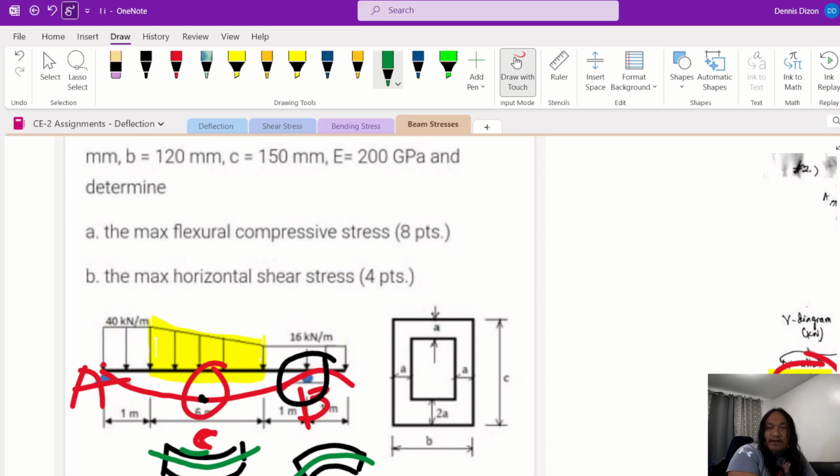The section below the neutral axis is the one that is in compression. In negative bending, the bottom portion is in compression and the upper portion is in tension. That's why if you design this, say if this is steel or wood, then that's fine because the stresses are the same.